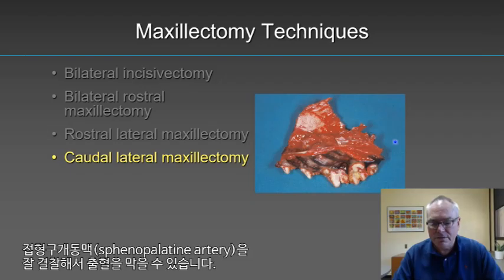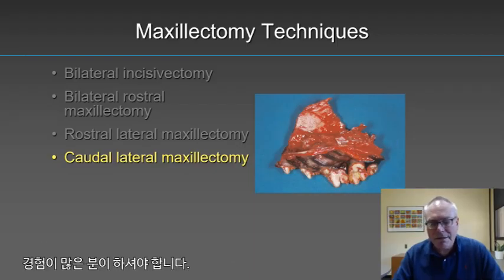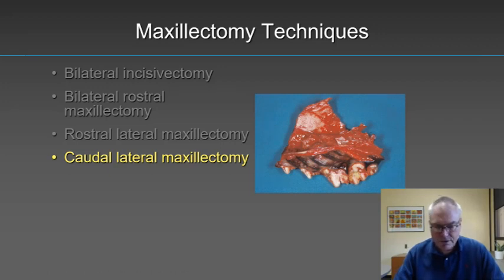It gives off the pterygopalatine artery as well, and the sphenopalatine artery, and those blood vessels need to be ligated in order to prevent major blood loss. So this is a type of maxillectomy that is reserved for the more experienced surgeons.